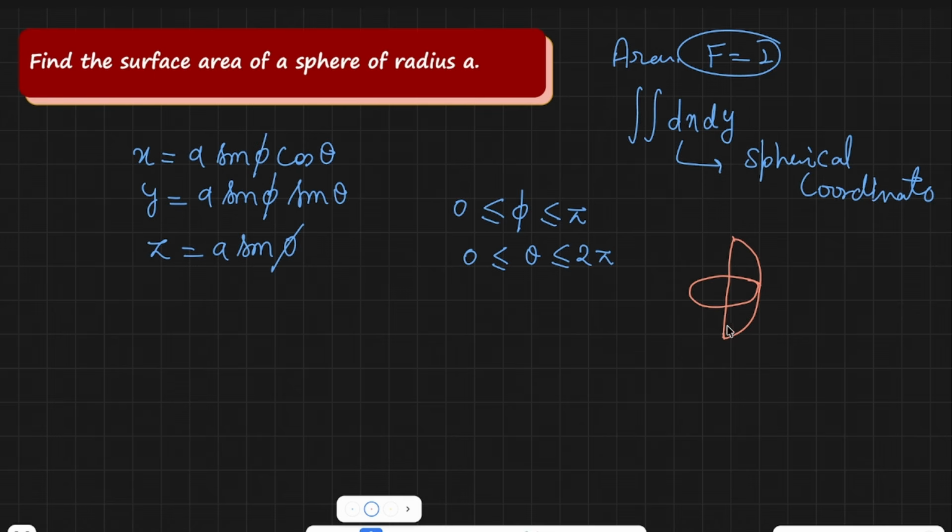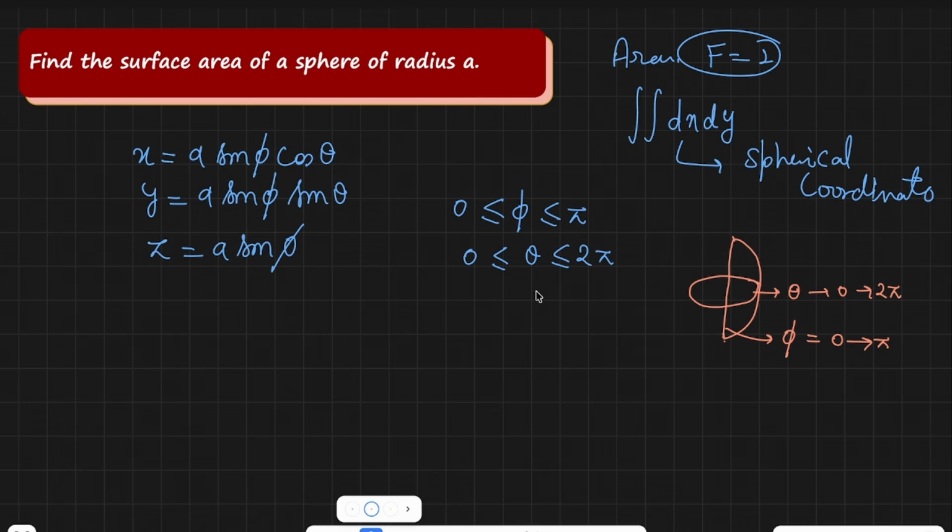This angle will represent the phi angle, which will be from 0 to pi, from here to here. Now this angle is theta, which is the angle with the x-axis, and it will be from 0 to 2 pi, making the complete circle. This is the concept of the spherical coordinate system. Keep that in your mind.